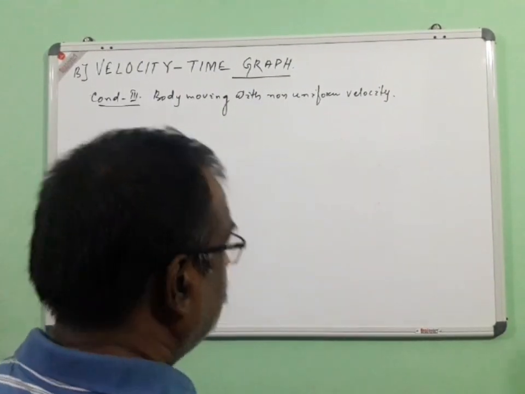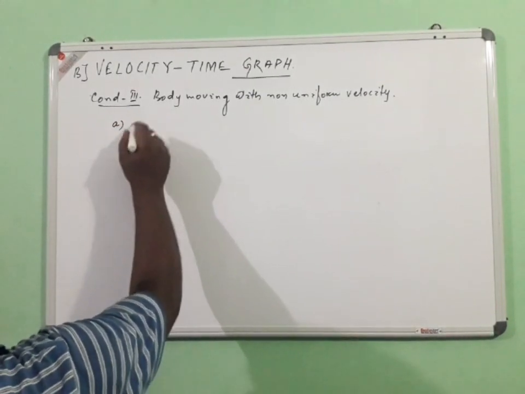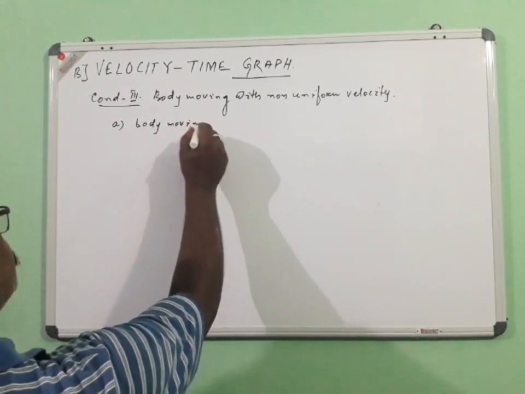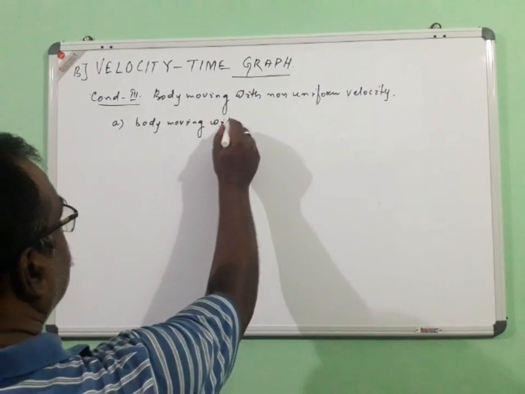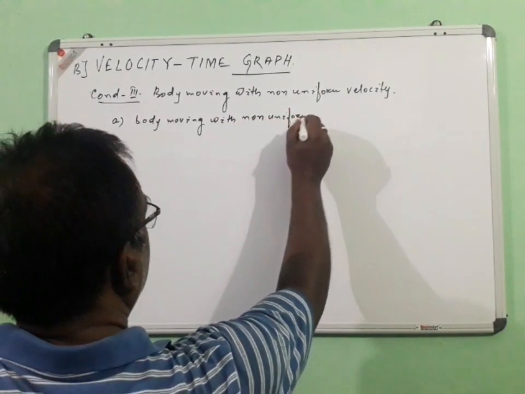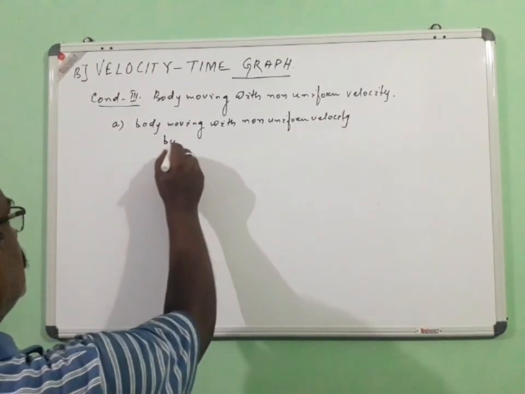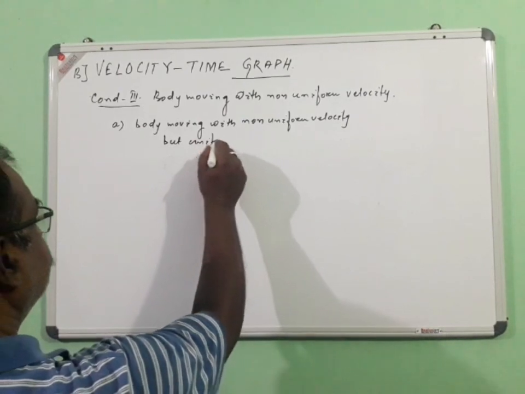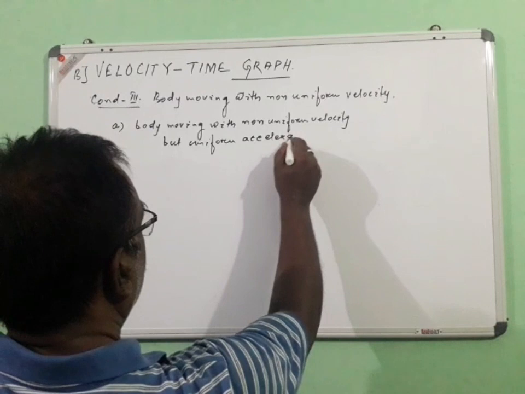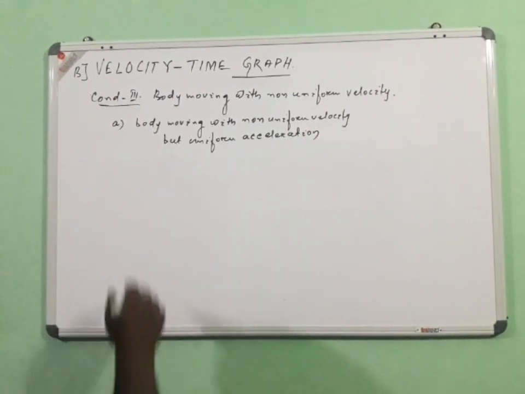In some cases, the body may be moving with non-uniform velocity but uniform acceleration, or so non-uniform velocity with uniform acceleration.